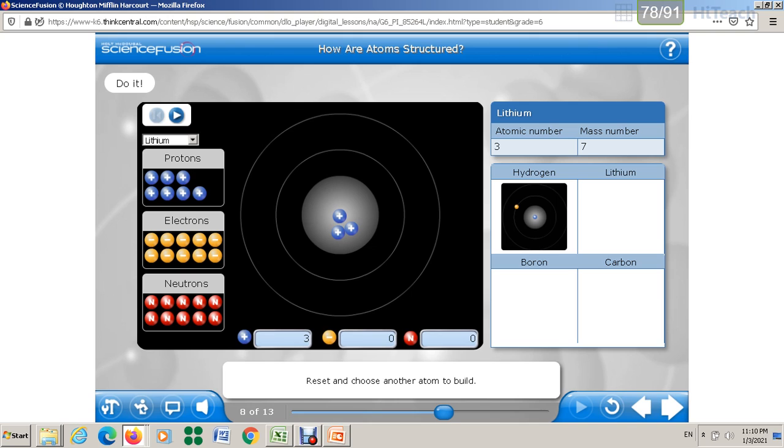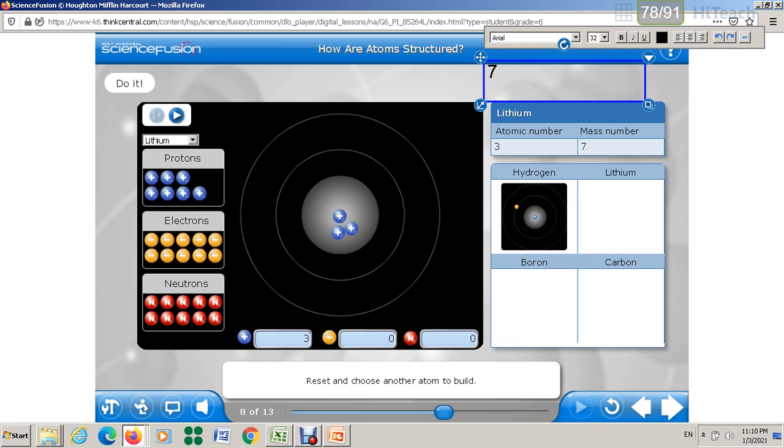Let's solve it here. The mass number is 7 and the number of protons is 3, plus the unknown, which is x. So 7 minus 3 equals x. What? 4, right? x equals 4, which is the number of neutrons.